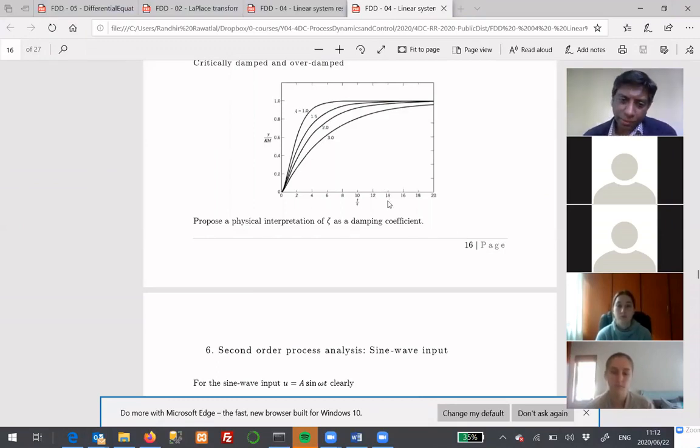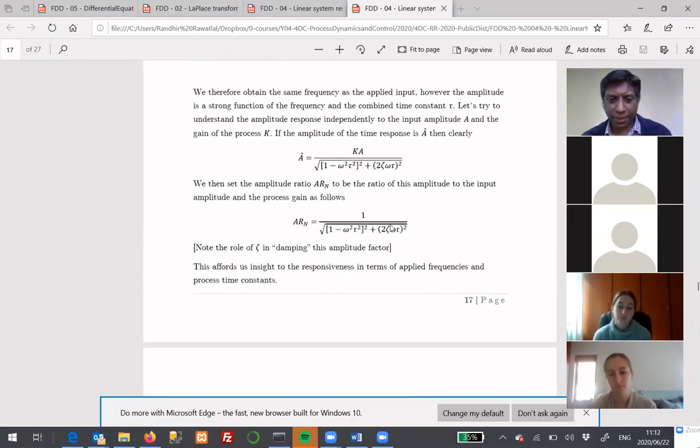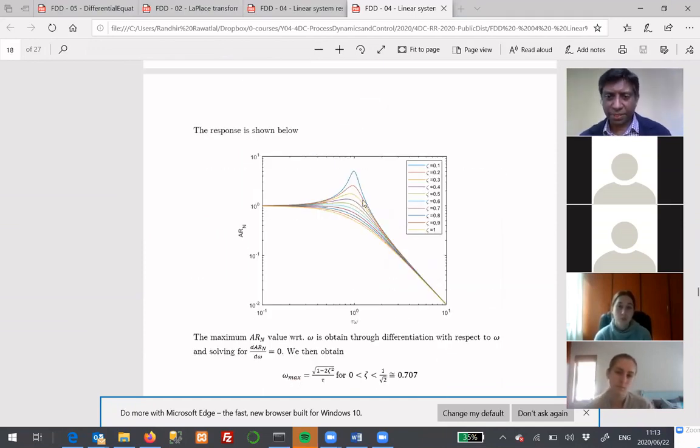Okay, thank you. So if you read around this section, you'll see that we can look at how the system responds to different parameters. And for our second order process, when the ratio of our time constants is at a certain value, we'll find that we get a certain level to our oscillation, a certain maximum amplitude to the oscillation.